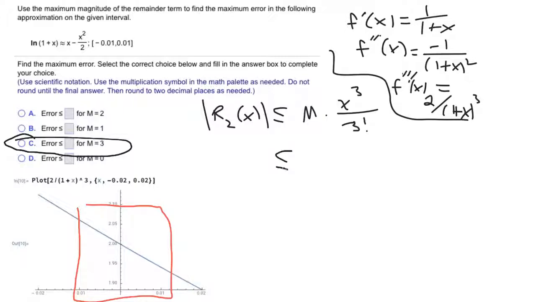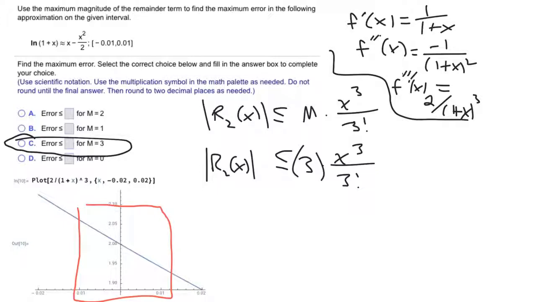So back here, I'm saying this is no more than x cubed over 3 factorial times this M, which is 3. And that's true regardless of what value of x you use, as long as you're between minus 0.01 and 0.01.